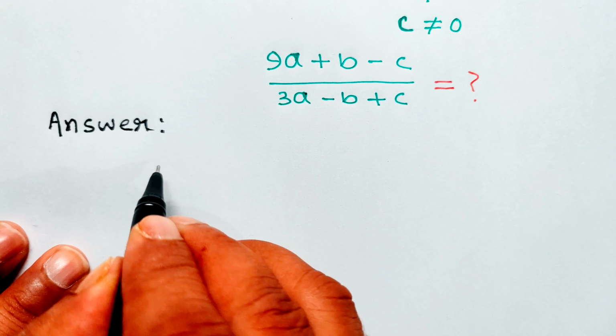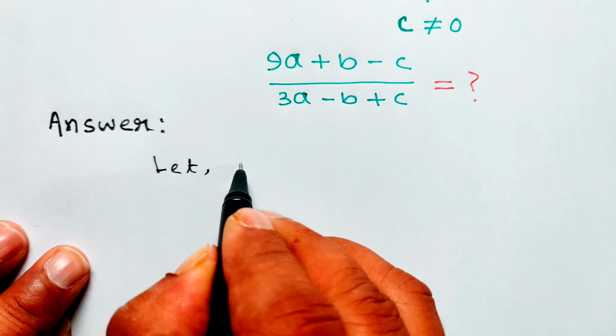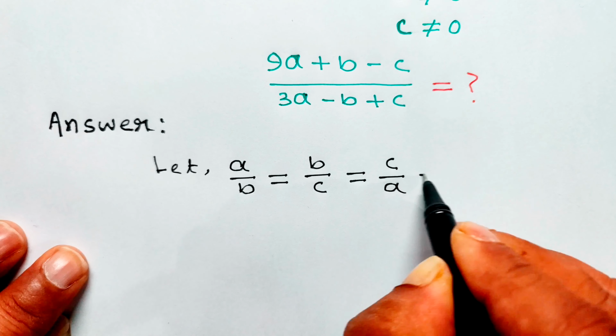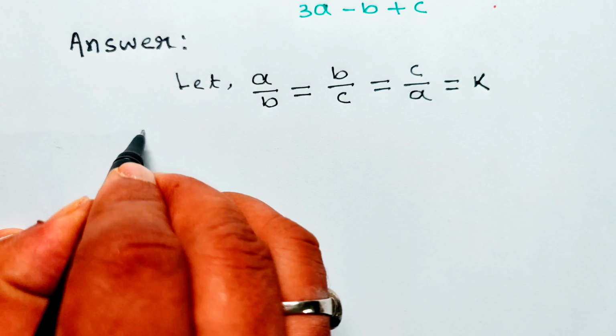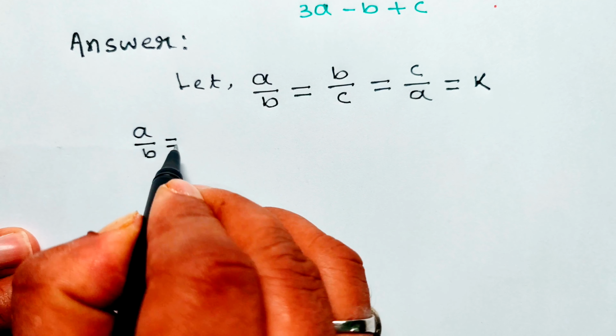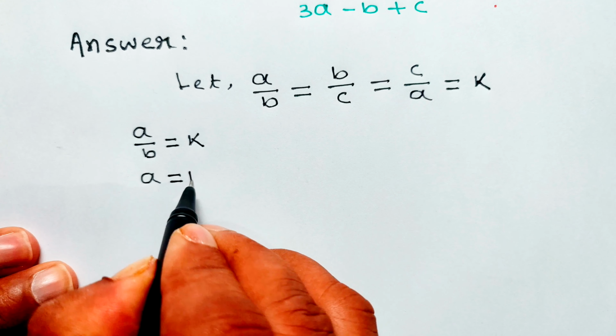Answer. Let A divided by B equal B divided by C equal C divided by A equal K. Then A divided by B equal K, A equal BK.